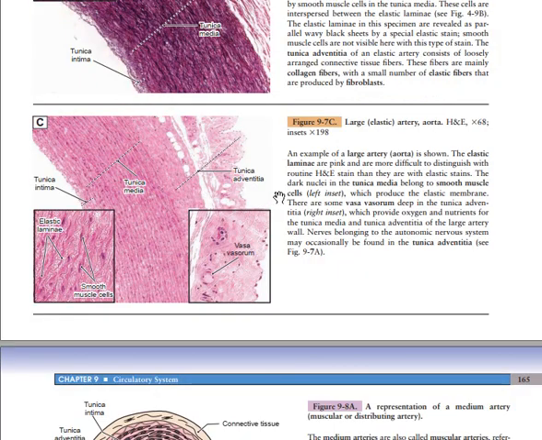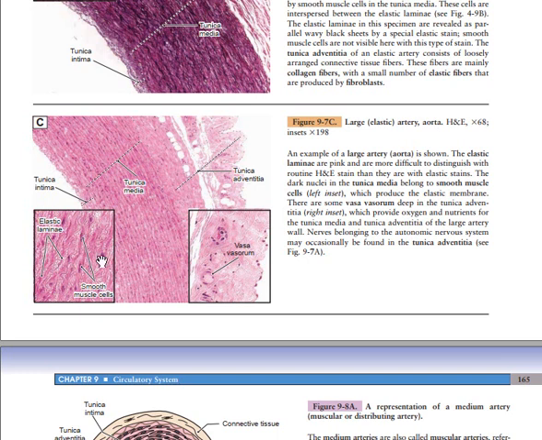adventitia. Now this is the large artery with the hematoxylin and eosin stain. With the hematoxylin and eosin stain, you don't visualize the elastic laminae well. You just visualize small lines, but that's not easy to distinguish. The hematoxylin stain is mostly used to distinguish the smooth muscle cells.